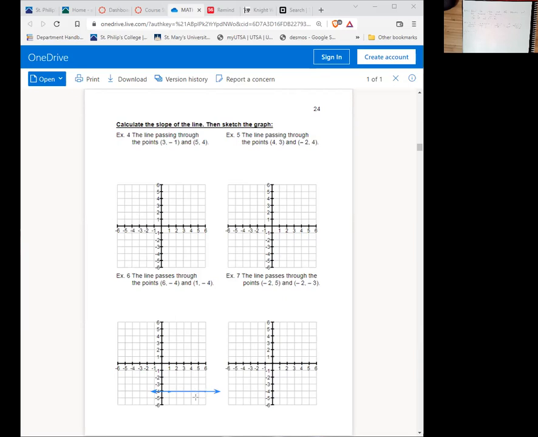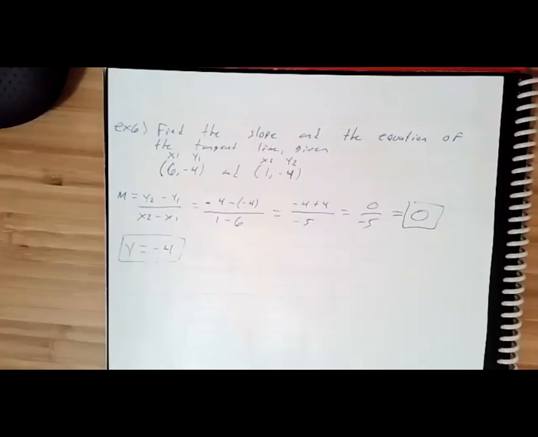It's not really climbing, it's not changing, just constant. So whenever you get a slope of 0, the line equation would just be y equal to this -4, the y value. Any questions on 6?